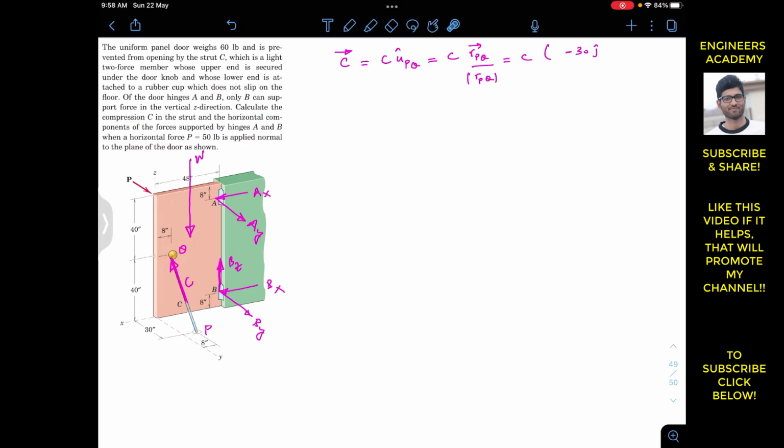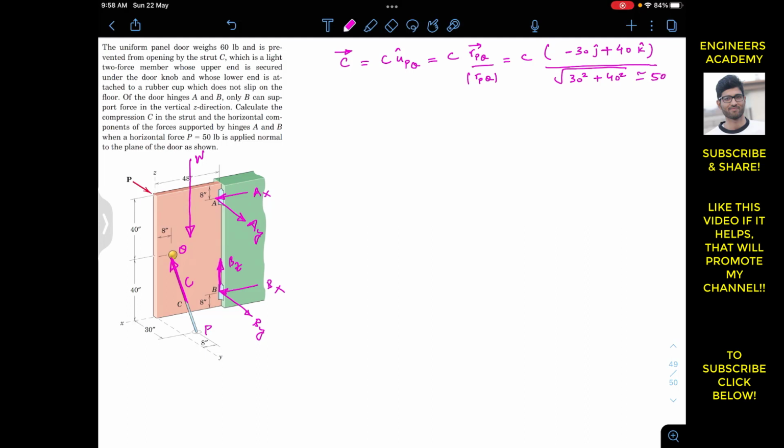So this position vector from P to Q has only two components, in the y and z direction. So then we need to travel 40 plus 40 inches in the positive k direction. So this is the position vector from P to Q, and then its magnitude will be the square root of 30 squared plus 40 squared, and 30 squared plus 40 squared comes out to be 50.